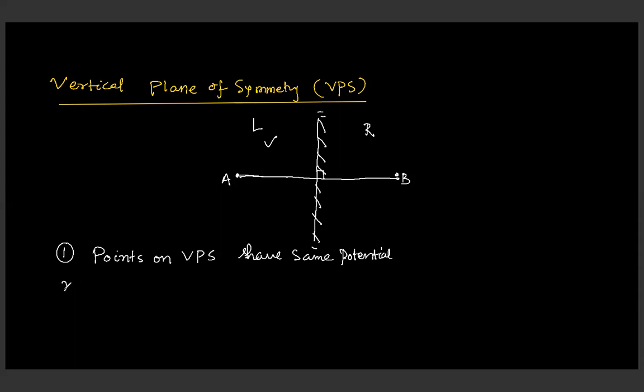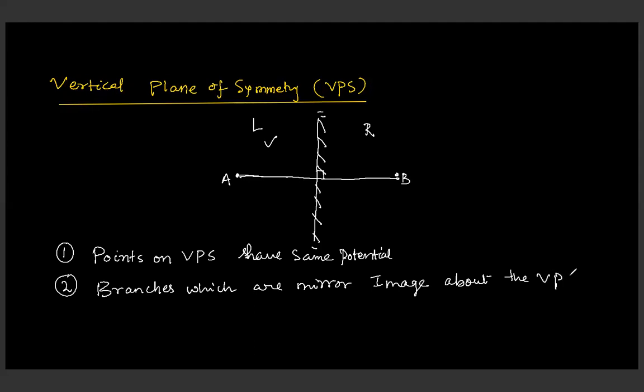Similarly, the second point says that branches which are mirror images about the VPS have the same current. We'll discuss it one by one. So these are the 2 points about the vertical plane of symmetry.